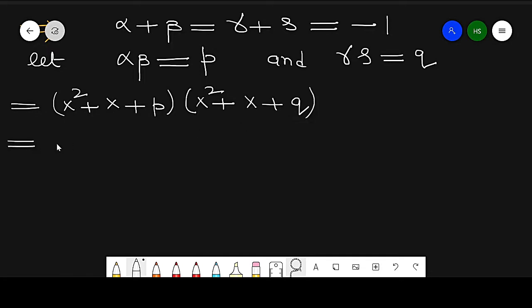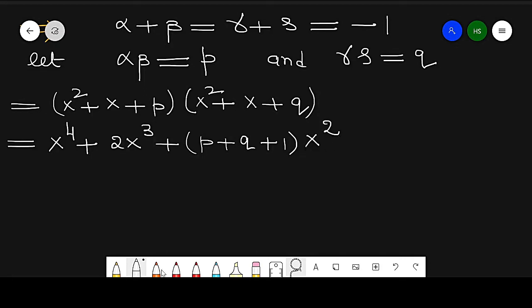Multiplying with each other, we get x raised to power 4 plus 2x cube plus (p plus q plus 1) x square plus (p plus q) x plus pq, the constant term.